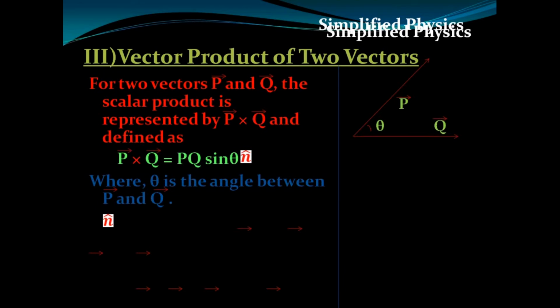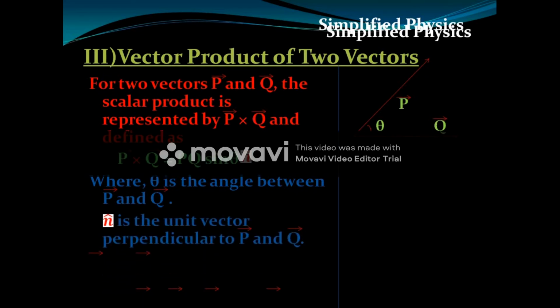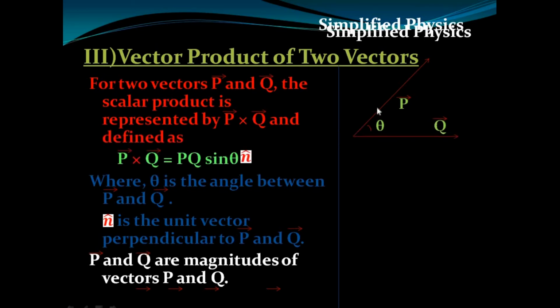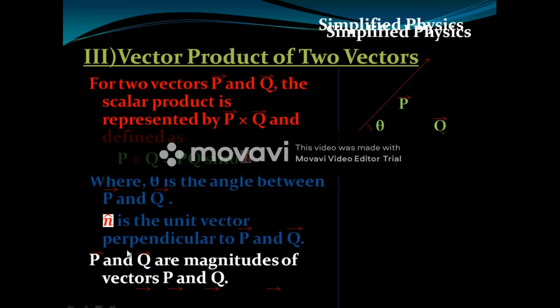Theta is the angle between p vector and q vector, as you can see in the figure, and n cap is the unit vector perpendicular to both p and q. Here p and q are the magnitudes of p vector and q vector.